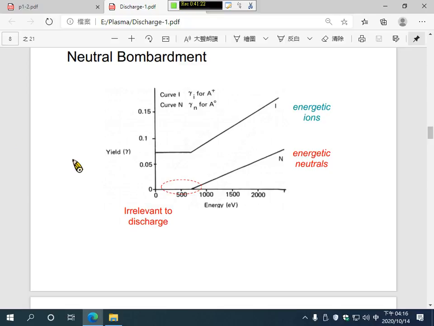Neutral bombardment has a secondary electron emission yield much less than the previous two. So the neutral bombardment is irrelevant to plasma or to the maintaining of the discharge.